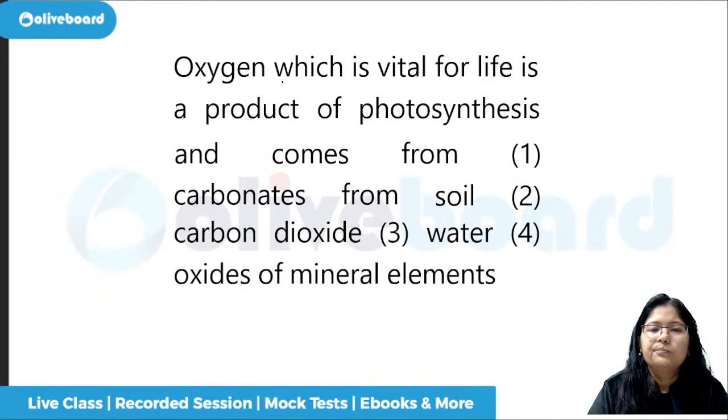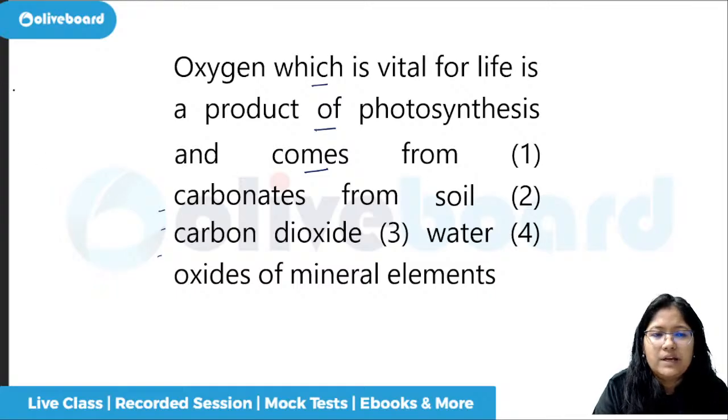Read the next question. Oxygen, which is vital for life, is a product of photosynthesis and comes from carbonates from soil, carbon dioxide, water, or the oxides of mineral elements. When I was discussing photosynthesis in my class, every time I would tell the answer to this question: CO2 plus H2O in the presence of sunlight gives C6H12O6 plus O2.